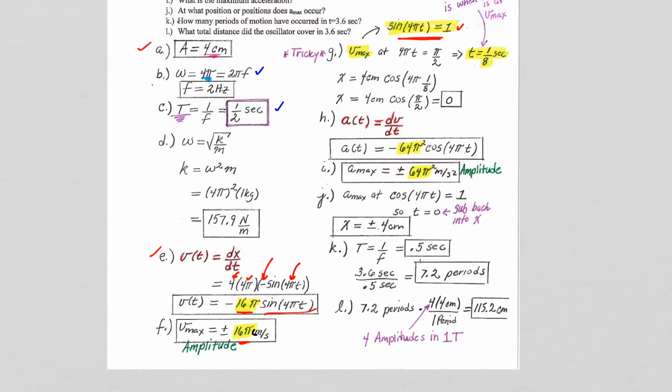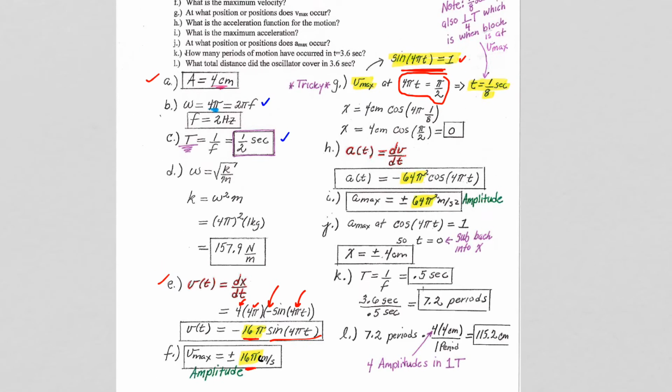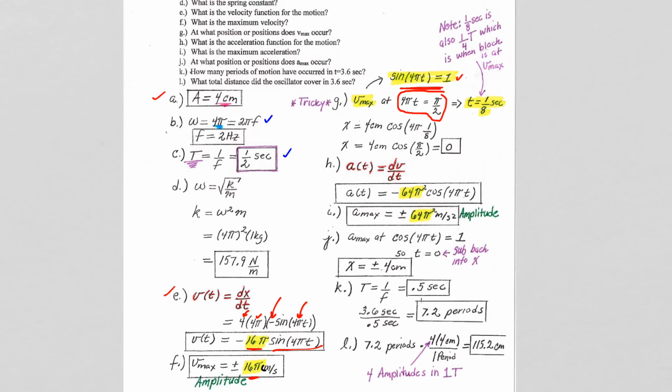That will occur at 90 degrees, so pi on 2. So when our angle in the sine equals pi on 2, we have our maximum sine function, so that means t is going to be 1/8 of a second.